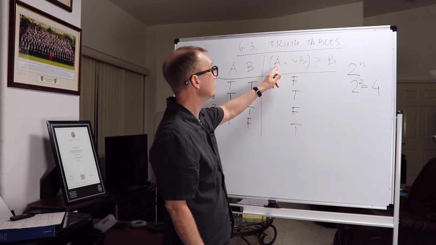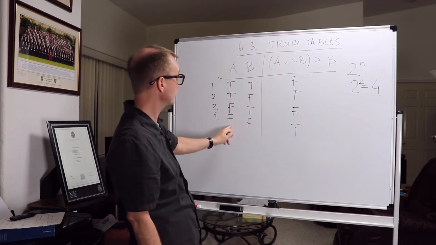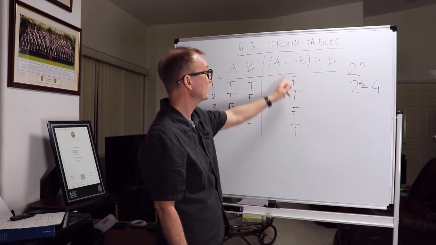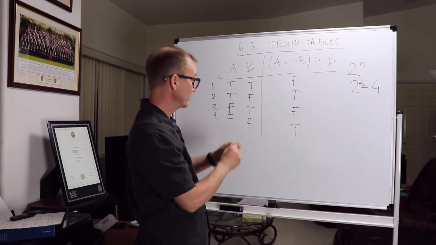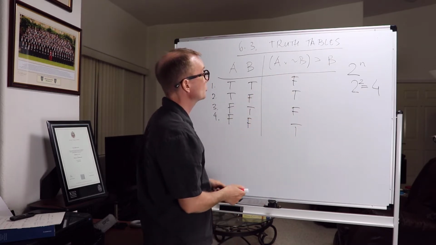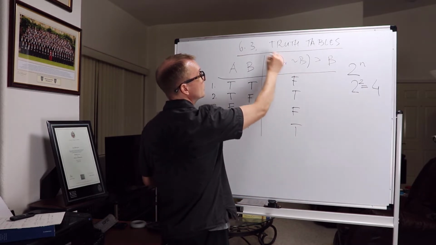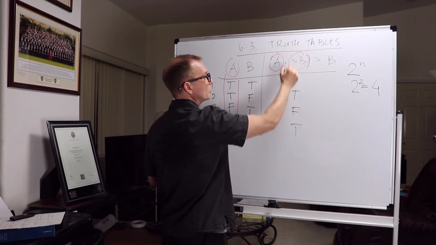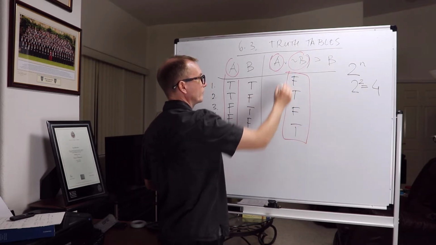Now, we have this column for A. This is the column. And we have this column for not B. And we are applying the rule here. Let's make sure you understand. So this is your A column, and this is your not B column.